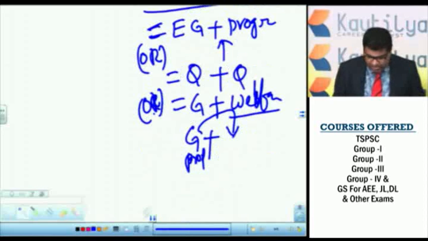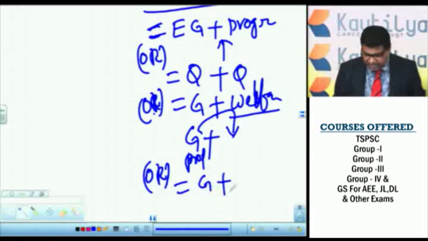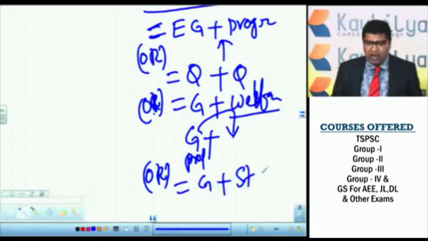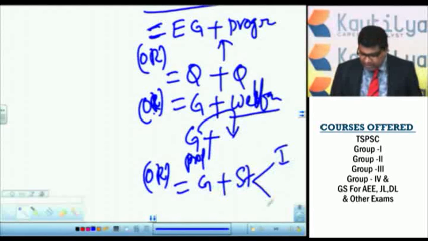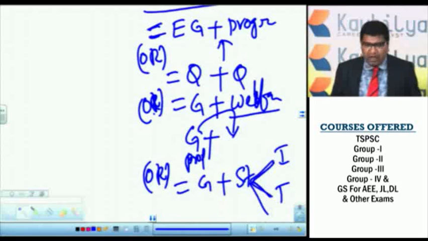So economic development is equivalent to economic growth plus structural changes in the economy. Structural changes mean changes in investments, changes in technology, and changes in the quality of human beings.